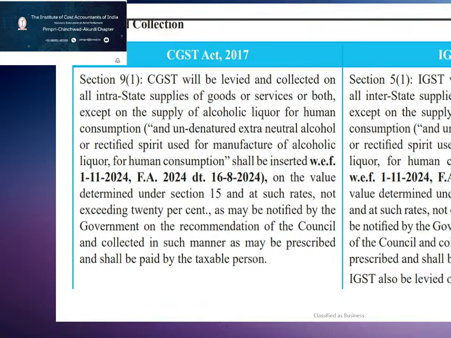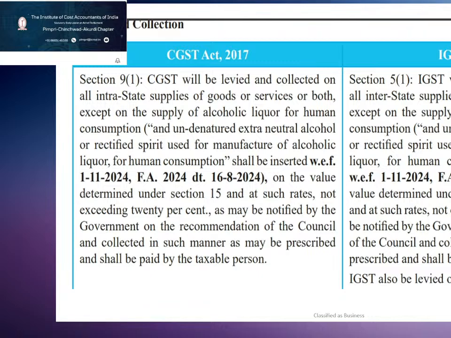The next service is about the insurance agent. Service supplied by an insurance agent to any person carrying on the insurance business, then the person carrying on insurance business has to pay the GST. Whoever is the recipient of the service has to pay the GST here.